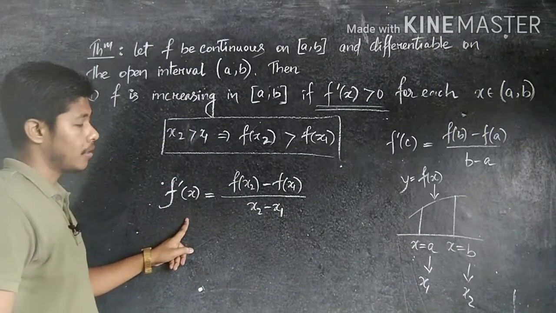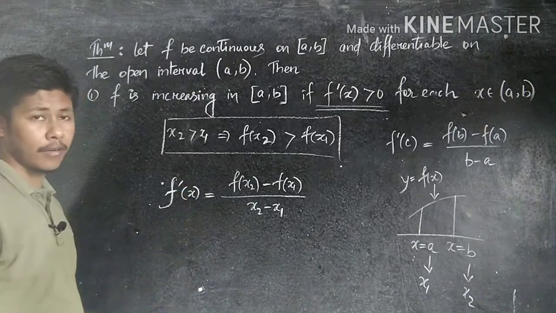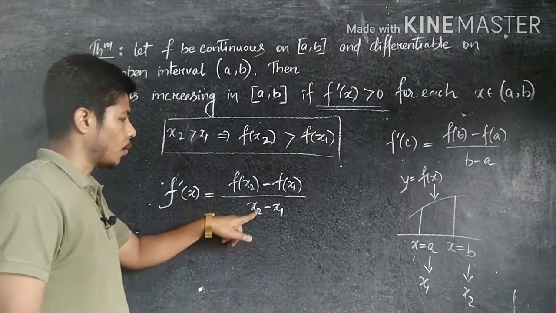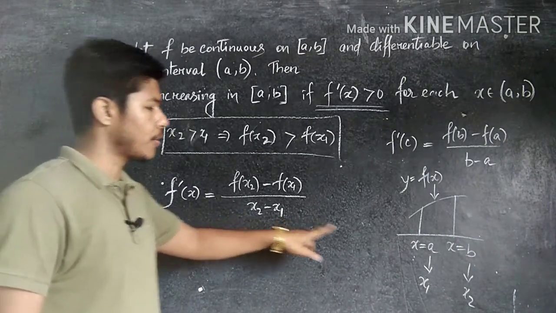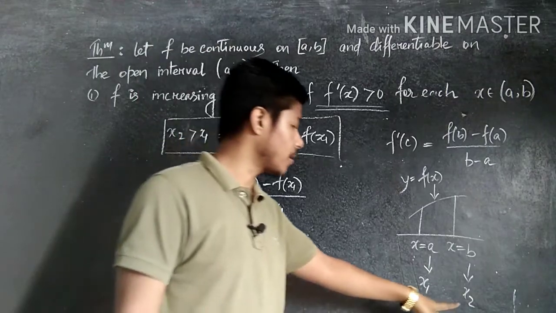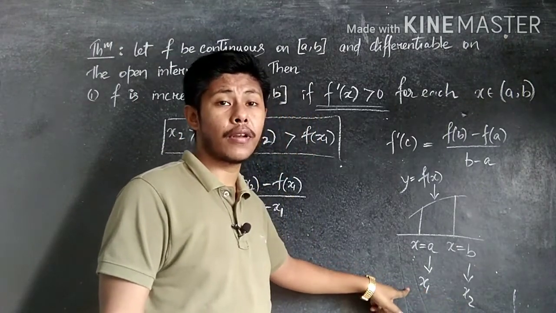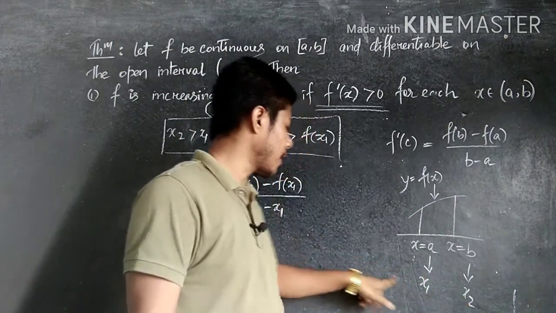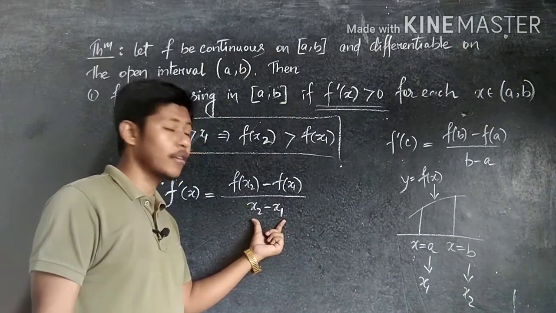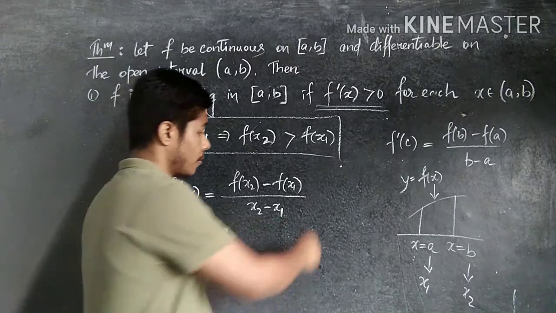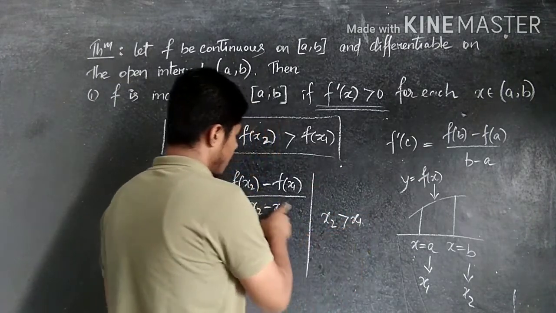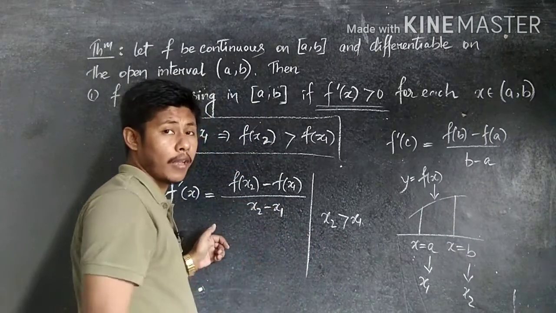Now in this case you see one thing here: x2 minus x1. Which one is greater here? x2 is greater than x1, is it visible? Yes, x2 is greater than x1. So if x2 is greater than x1, what is the value of this subtraction?